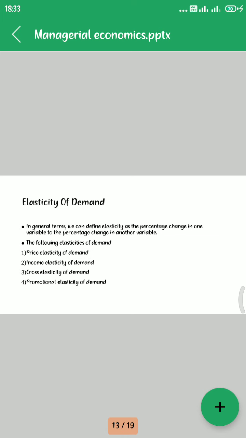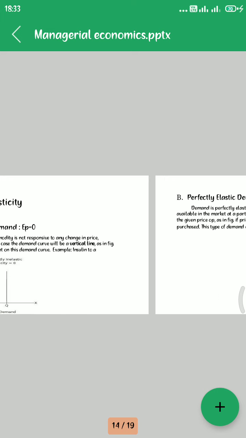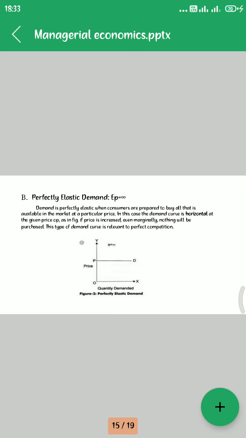Elasticity of demand. First, price elasticity of demand, income elasticity of demand, cross elasticity of demand, and promotional elasticity of demand. Different types of elasticity. Perfectly inelastic demand is equal to 0. Perfectly elastic demand is infinite.